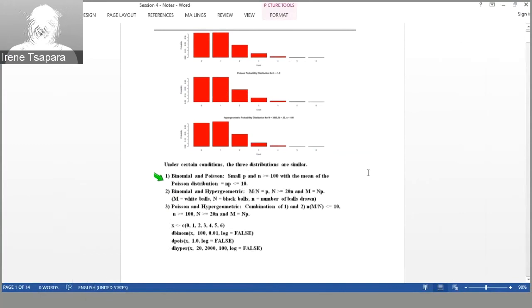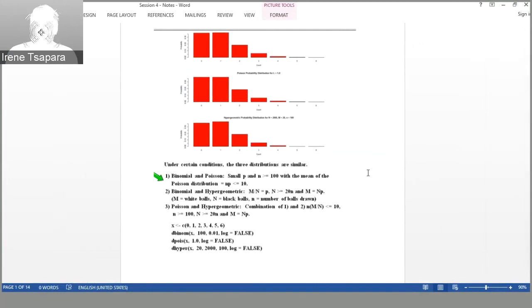What does it mean that they are very similar, and why do we care? Well, sometimes, for example, if you have a hypergeometric distribution in a specific data set, but you have very small p and too many trials, too many data points, then instead of looking at the specific hypergeometric, you can actually look at the binomial distribution. That is much easier to calculate, and then you can approximate it with a normal distribution as well.